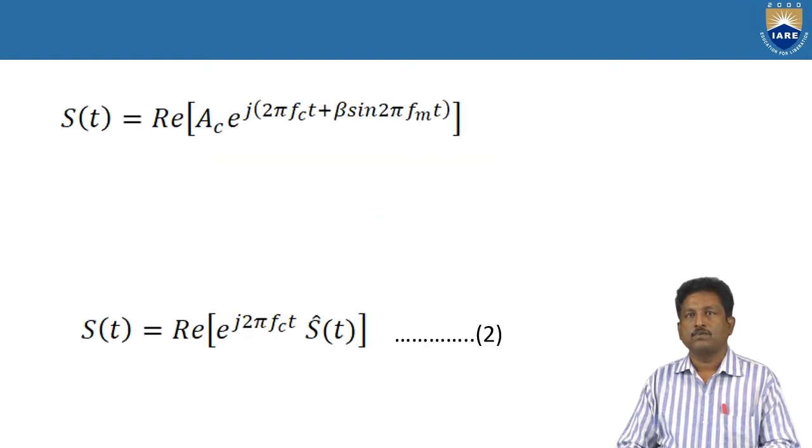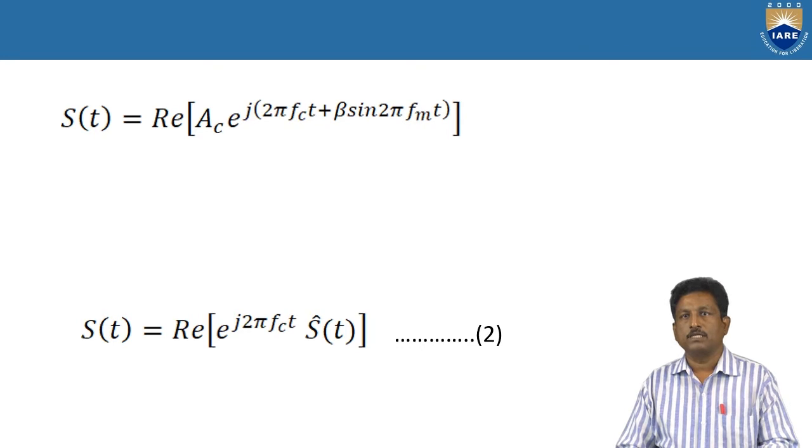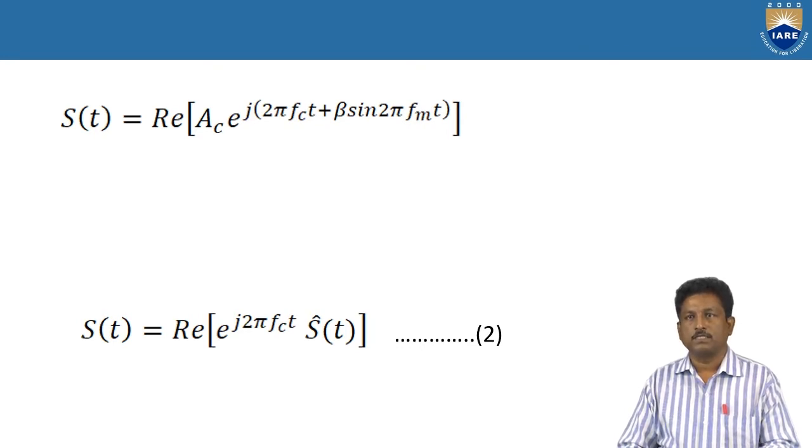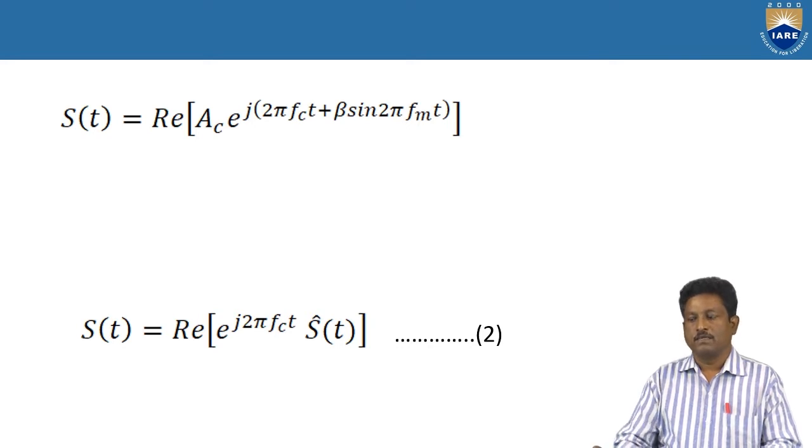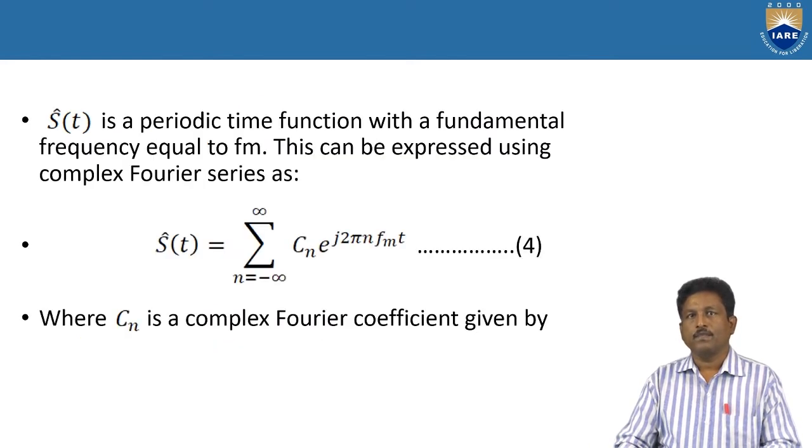So S of t equals real part of AC e power j times 2 pi fct plus beta sin 2 pi fmt. It can be rewritten as real part of e power j 2 pi fct times s cap of t. Here s cap of t is a periodic time function with a fundamental frequency equal to Fm.